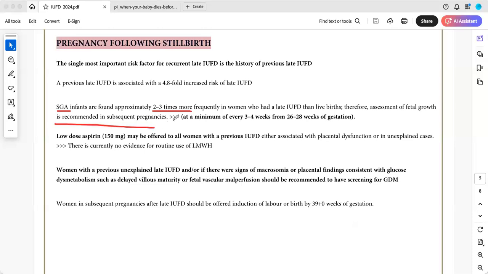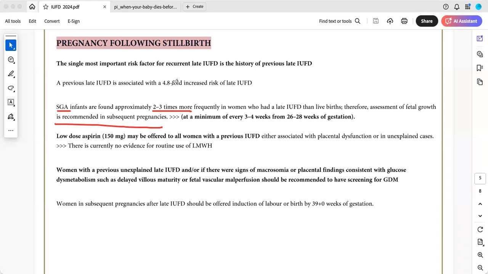And very important, you remember, in the new FGR and small for gestational age guideline, if the woman had a stillbirth and the baby was appropriate for gestational age, what risk is that for having FGR in the current pregnancy? Is it a moderate risk?